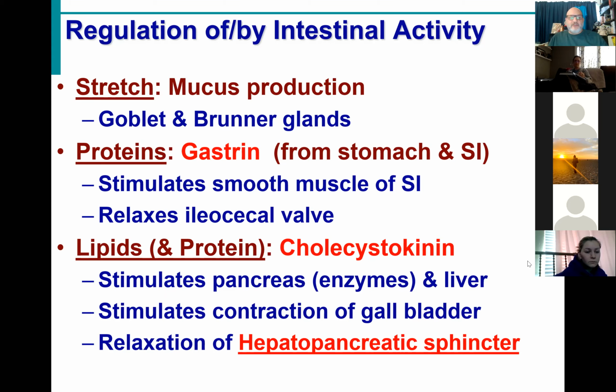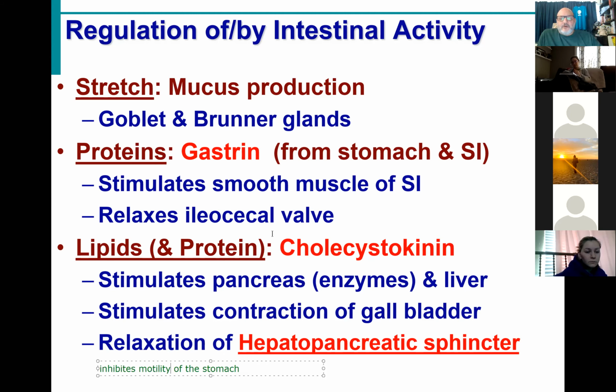And what I don't have here, it looks like, is remember that it also inhibits the activity of the stomach, or more specifically, the motility. So let's not forget that as well. Excellent.